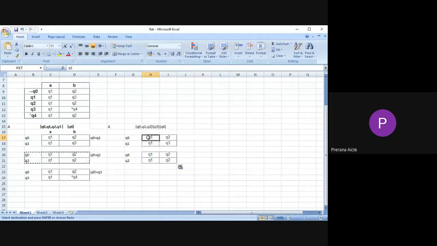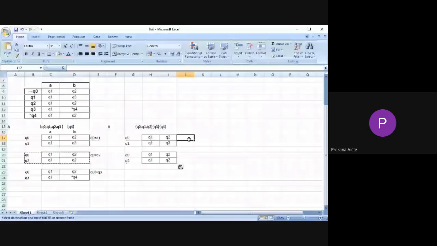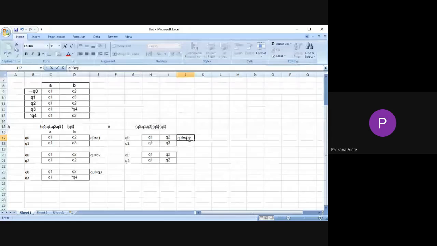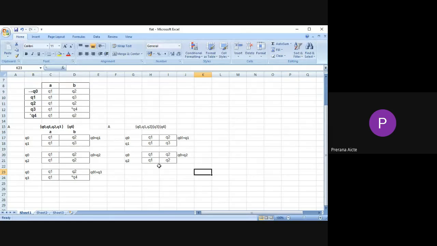Here Q1 goes to the same set, but Q2 and Q3 are not in the same set. So Q0 is not equal to Q1, and Q0 is equal to Q2.